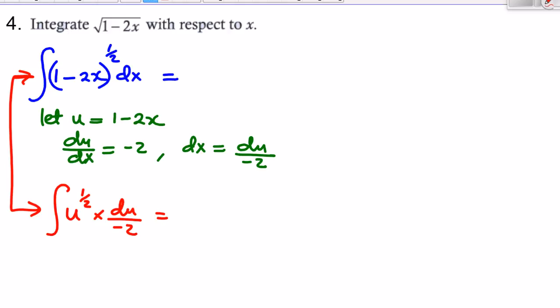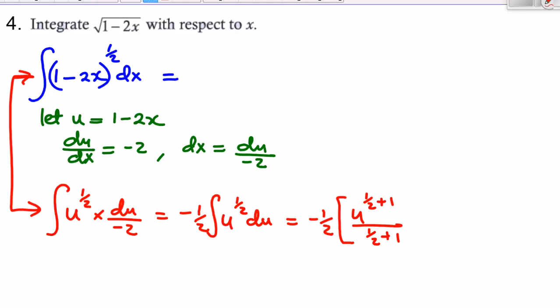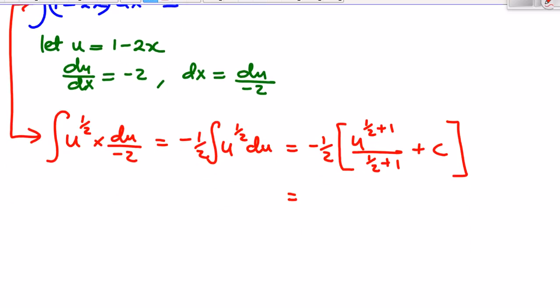Now, because negative 2 is a constant, I can bring it outside the integral sign to end up with negative a half integral of u to power a half du, which will mean I'll end up with negative a half, I'll use these brackets here, u to power a half plus 1 over a half plus 1, plus c, which means I'll end up with negative a half u to power 3 over 2 over 3 over 2 plus c.